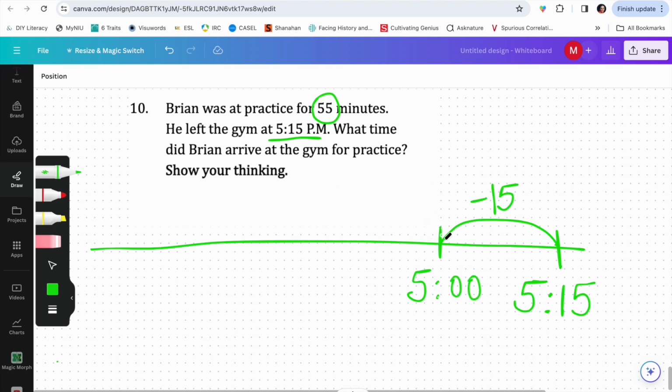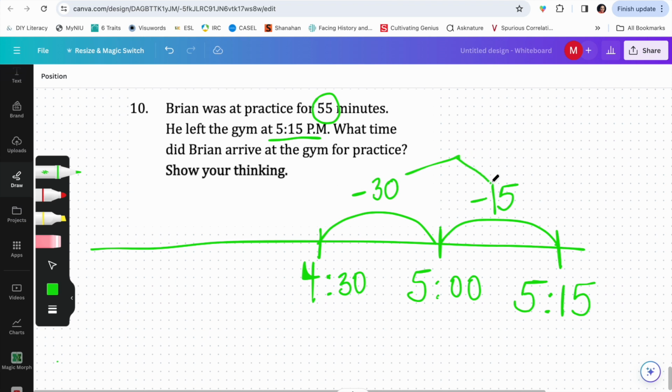Beautiful. Let's hop back. So we're at 5 o'clock. Let's hop back another 30 minutes. And when we travel from 5 o'clock back 30 minutes, we are going to end up at 4:30. So he's 55 minutes total.